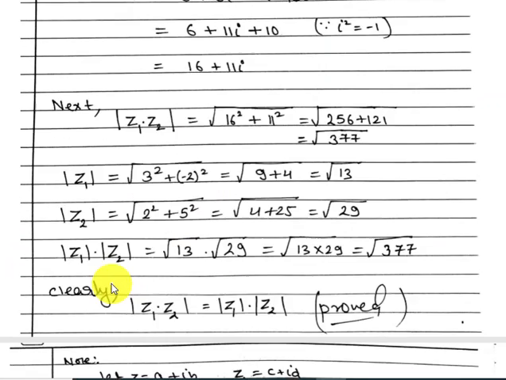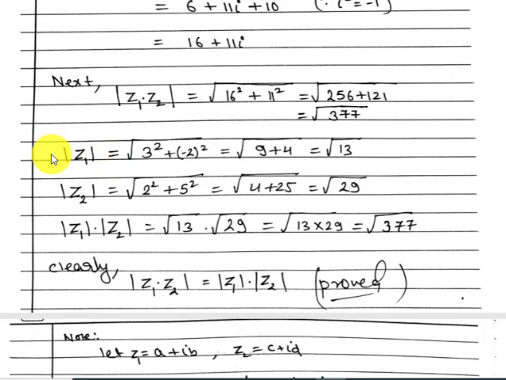Okay, now what you do is take the product of these moduli. Okay, so we will get square root of 13 into square root of 29, that is equal to square root of 13 into 29. Yes, now multiply, you will get 377.